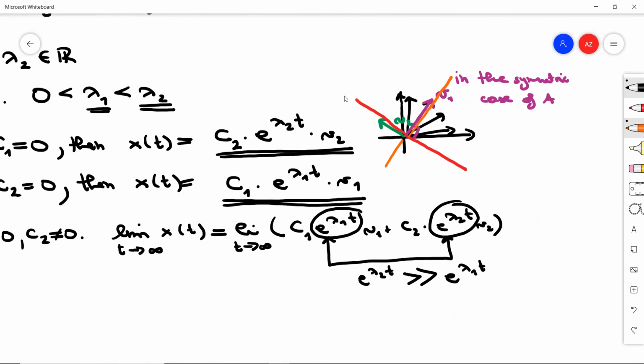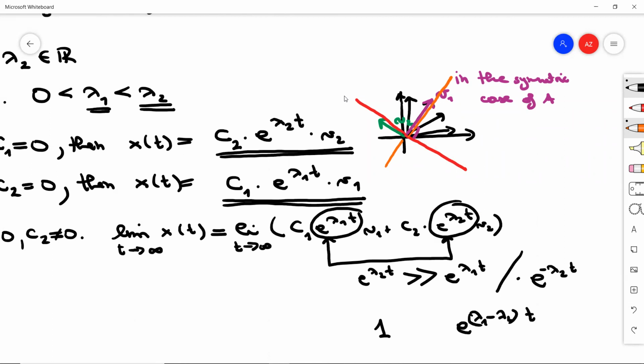Because if we multiply both by e to the power of minus lambda 2t, we get 1 on the left-hand side, while on the right-hand side, we get e to the power of (lambda 1 minus lambda 2)t.